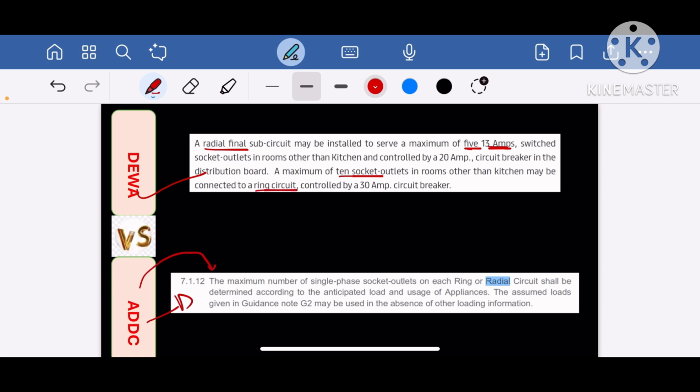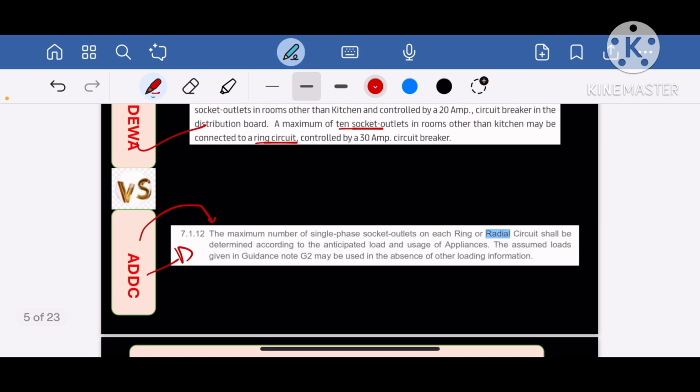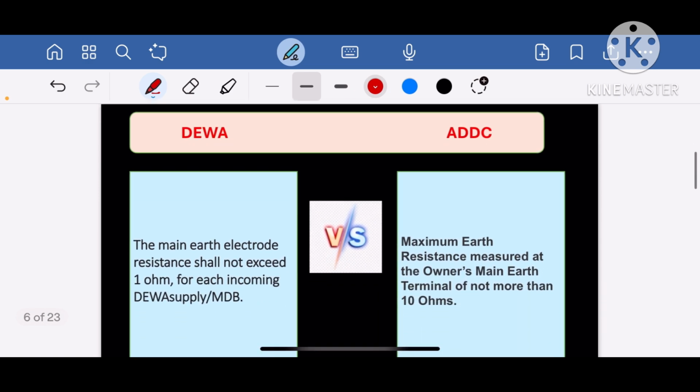For ADDC, it states that the number of socket outlets is determined according to the anticipated load and uses of appliances. But in general practice, we are using 4 sockets for radial and 8 sockets for ring in Abu Dhabi. Clear? Now let us move to the other point for DEWA and ADDC regulation.